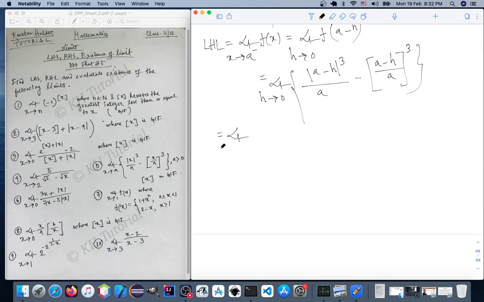Now h tending to 0 implies a minus h tending to a. So here we have mod of a cube, so we have a cube divided by a.